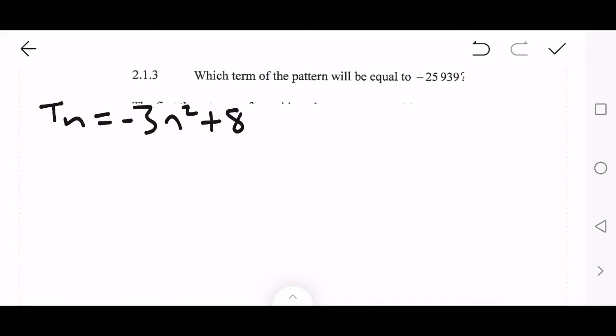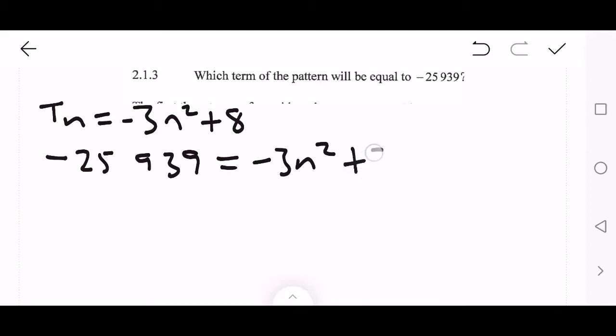So that is minus 25,939 equals minus 3n squared plus 8.